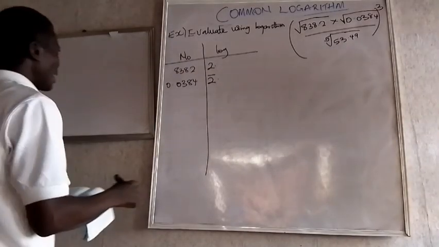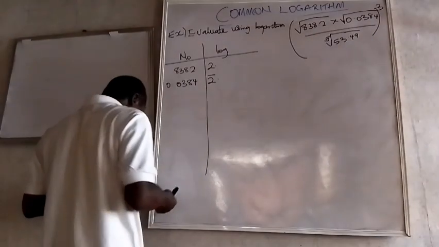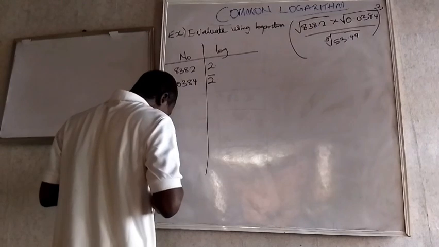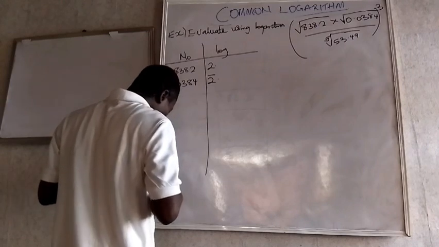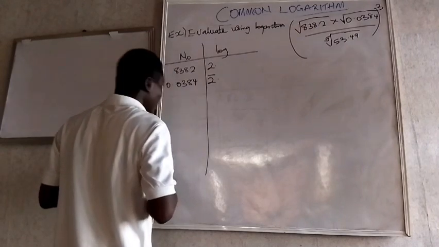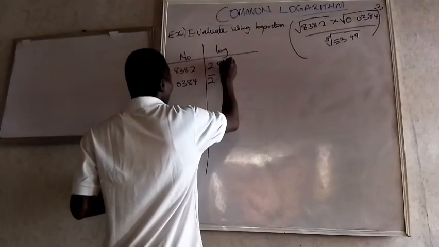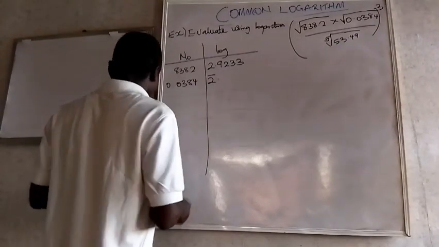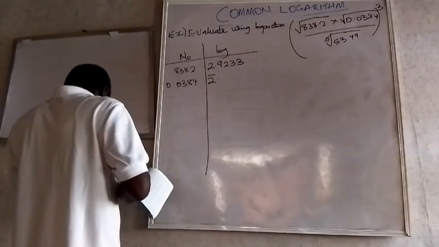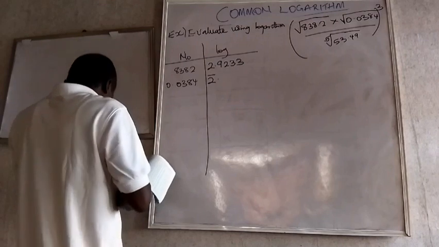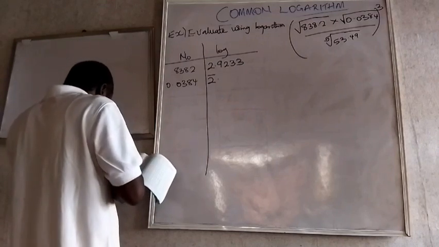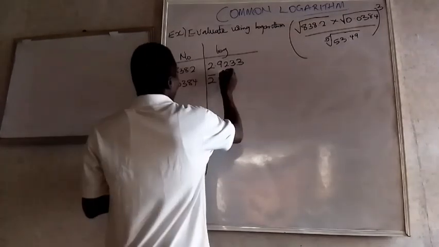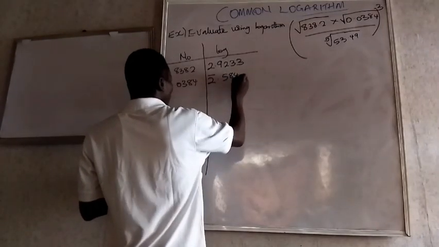The first one, 83 under 8 difference 2, that is 9233. Then 384, 38 under 4, that is 5843.